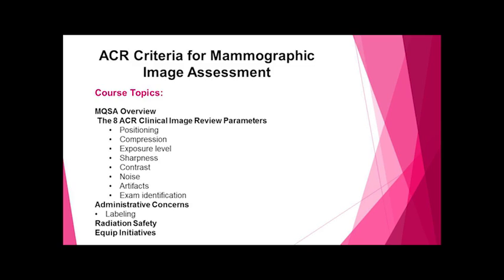She'll demonstrate adequate and inadequate compression, as well as over and under exposures, talk about sharpness, contrast, noise, artifacts, required information on exam identification, labeling. Also spend a little bit of time talking about radiation safety as it relates to mammography, and then the new EQUIP initiatives that are going into place in 2017.